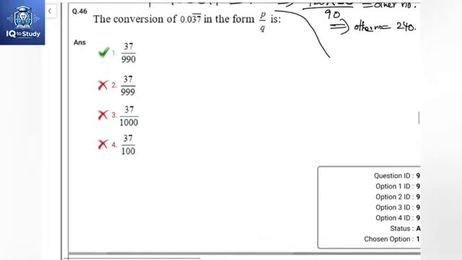The conversion of 0.037 in the form P by Q is, here bar is given for 37.